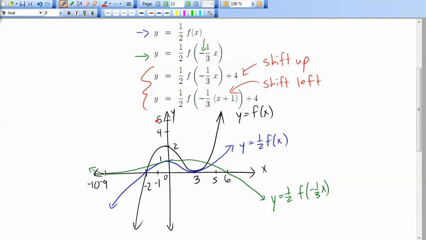If we take this x-intercept out here, move it to the left 1 unit and up 4, it'll end up there. And this x-intercept, move it to the left 1 unit and up 4, it'll end up there. And that's our final graph.